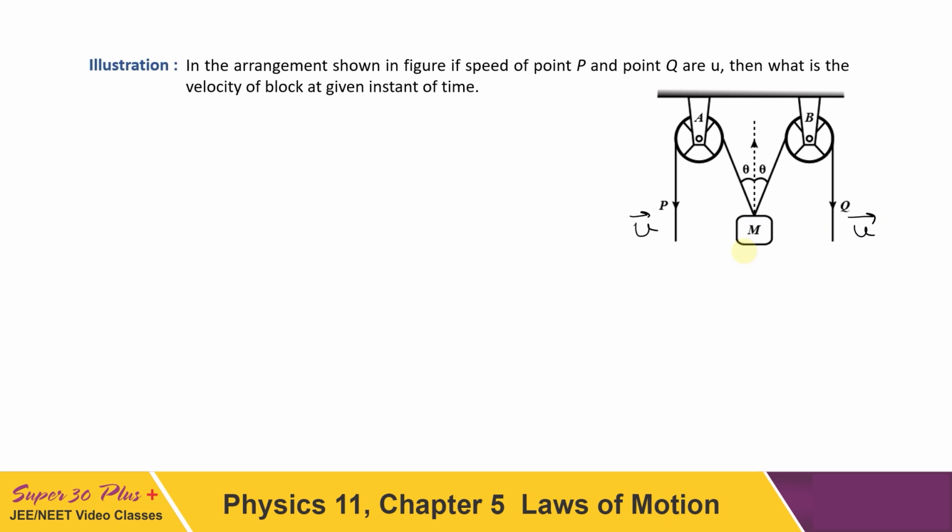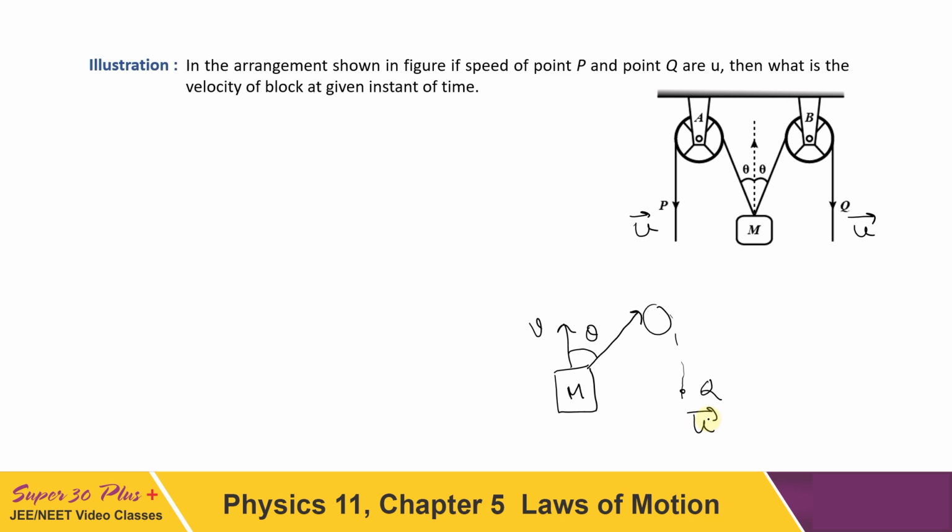Now if I draw the right hand side, this is a block of mass M. Let its velocity be v in upward direction and this angle is theta. Here is the velocity of point Q, which is equal to u.